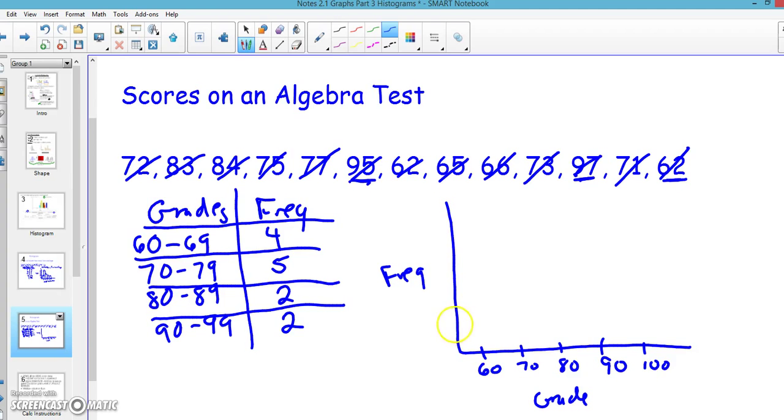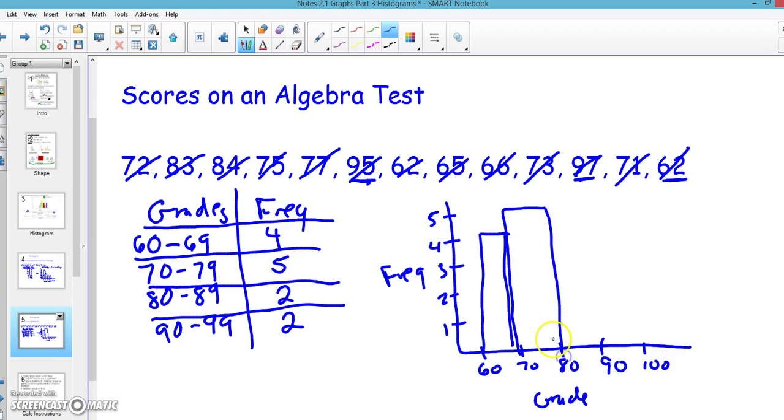And then I'm going to go ahead and fill in my y-axis, just going by ones since it only goes up to 5. So there were 4 scores between 60 and 70, 5 in 70 and 80, 2 scores in the 80s, and 2 scores in the 90s.